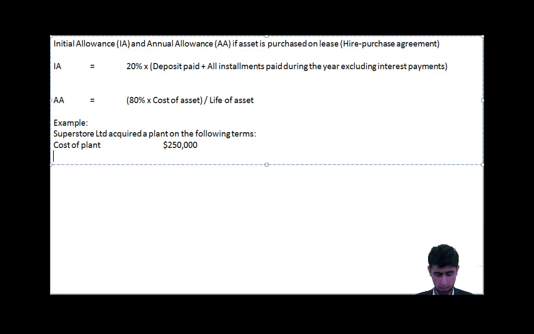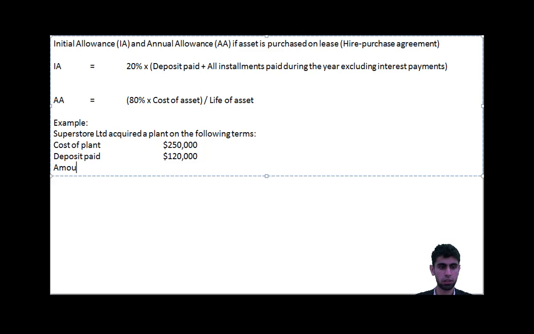Then you have deposit paid, which was, let's say, 120,000, and amount of finance available is 180,000.